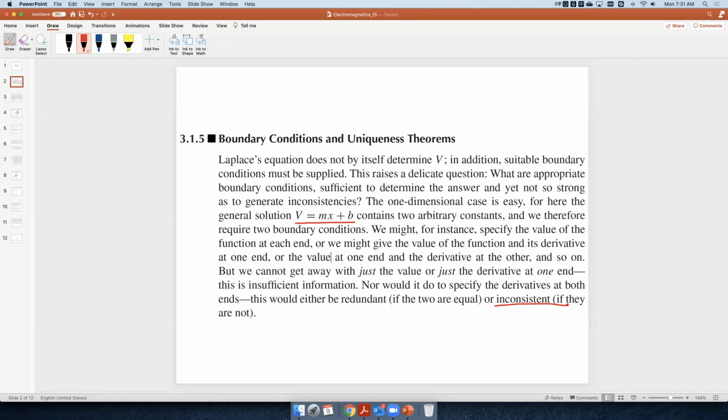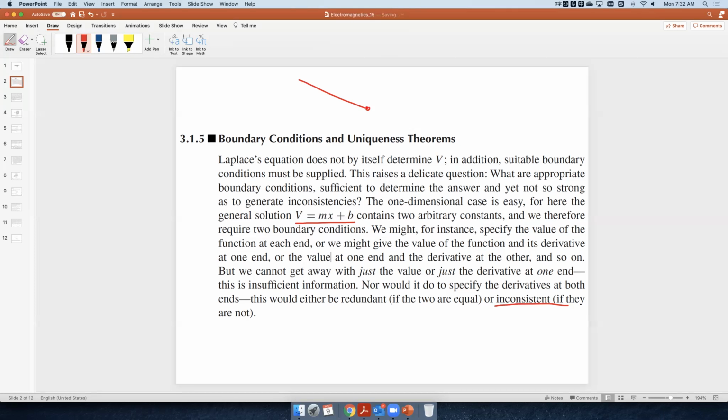Instead, you can't get a unique value for m and b. So in this solution, you just need two values of v and x to determine the specific solution. Those two sets of values can be considered as the boundary condition of the line.